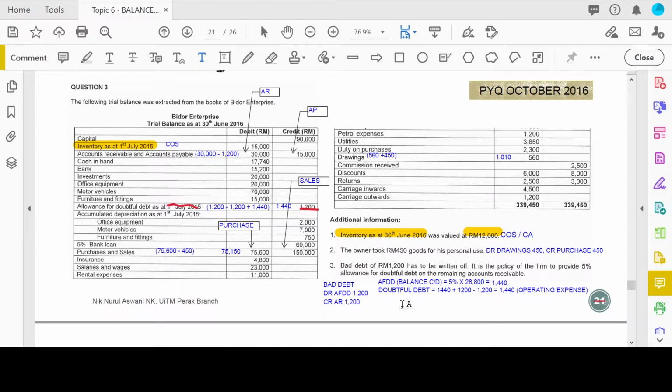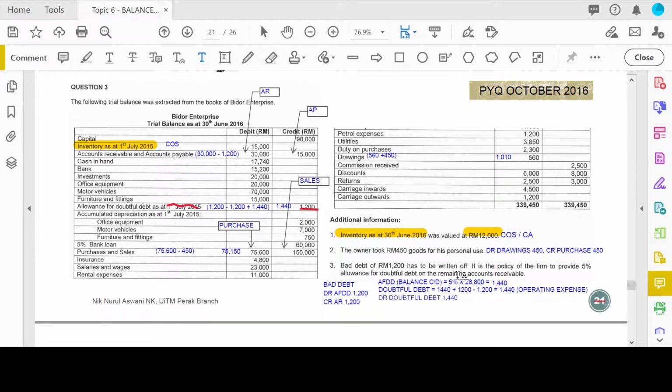If I were to show you a journal entry, because this is an increase and you have to increase your AFDD account, we are going to credit AFDD. So to debit, meaning to debit doubtful debt of the difference, 1,440.